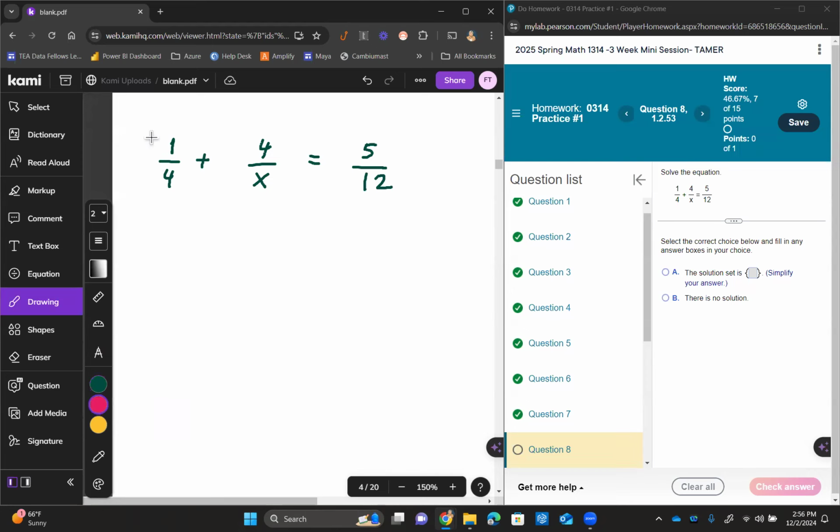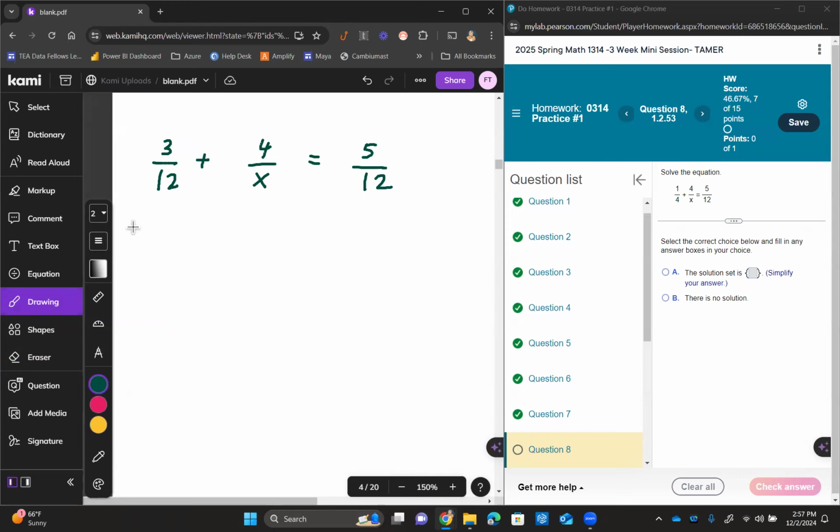So it becomes 3 out of 12, which is the same fraction as the original one. 3 out of 12 is the new look for 1/4.